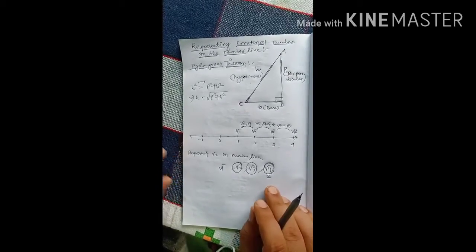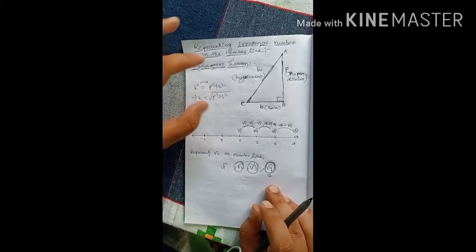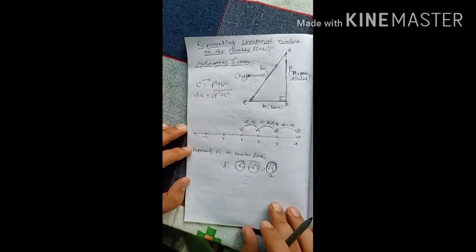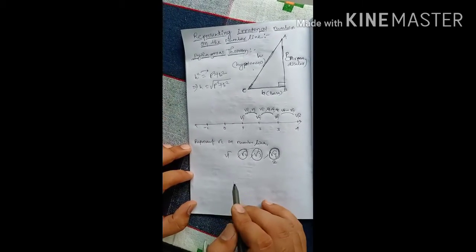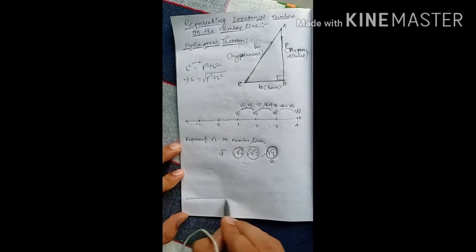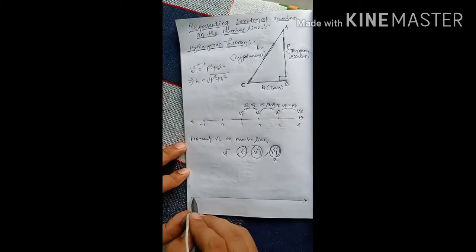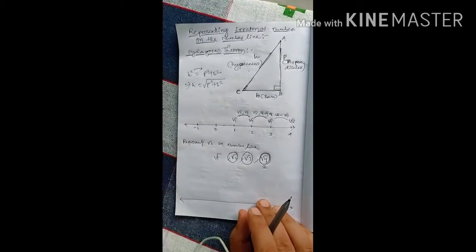Then how will the Pythagoras theorem help us while representing irrational numbers on the number line? Let us see. If we want to represent root 2 on the number line, first of all we will draw a line. Then we have to choose a suitable scale.